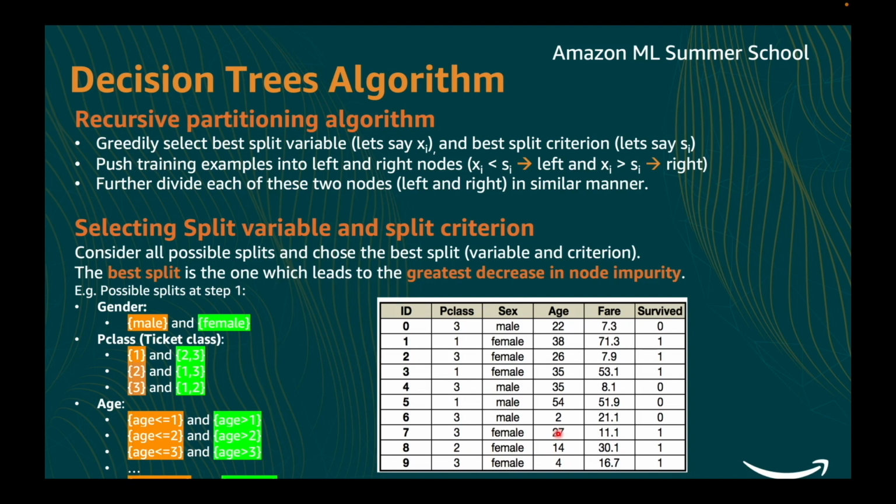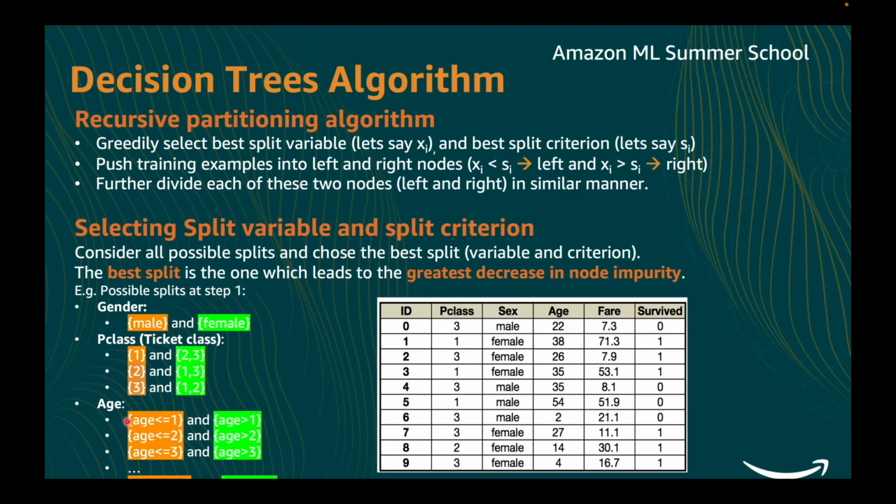We can have gender as one split criteria, it can be male or female. So x1 will be gender, s can be male or female. We can also use age as a criteria. For example, it might be that all of the ages between 1 and 80 could be valid split criteria, and as you can see over here, it'll give us two nodes.